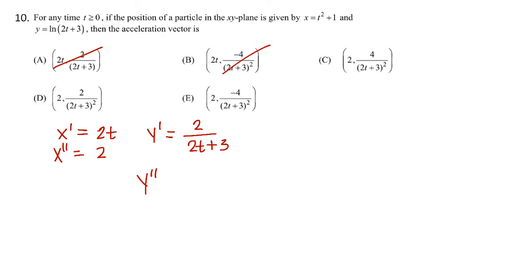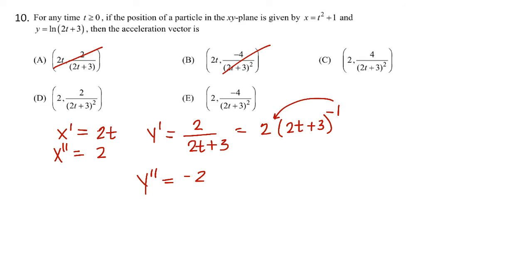Now, for the second derivative, we have to remember that we can write this as 2t plus 3 raised to the negative 1. So when I multiply down to the front, I have negative 2. And so automatically notice that we have negative 2 there. There's nothing else that has that negative value.